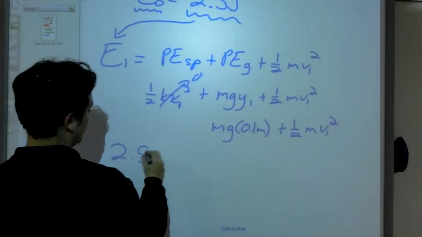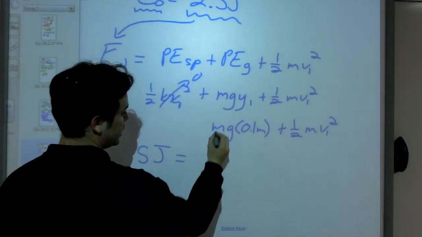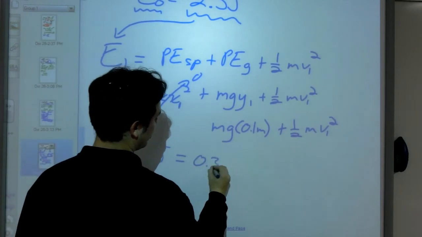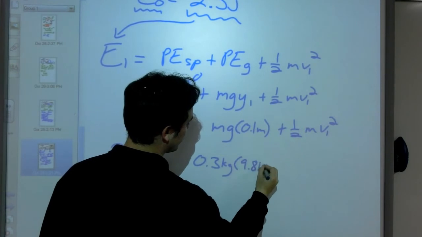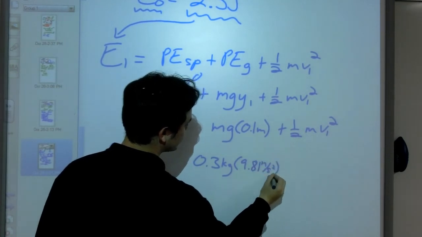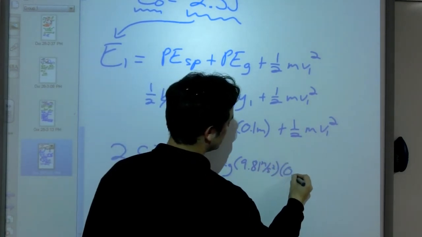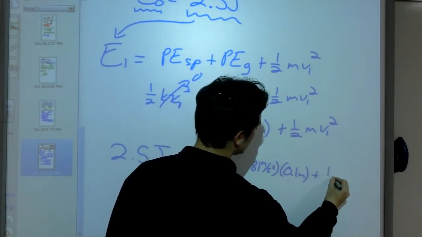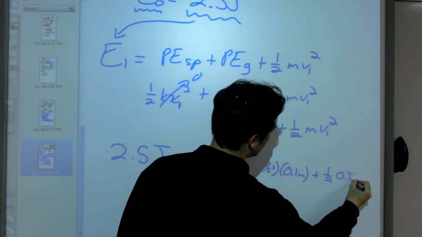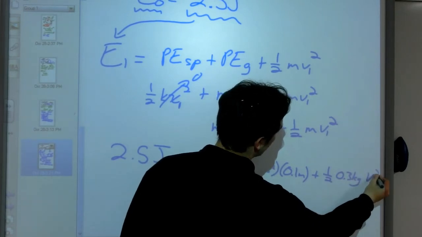So I've got 2.5 joules equals mass, which is 0.3 kilograms, times acceleration due to gravity, 9.81 meters per second squared, times 0.1 meters, my height at that position, plus 1/2, 0.3 kilograms, times v1 squared.